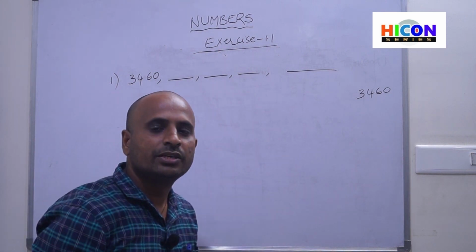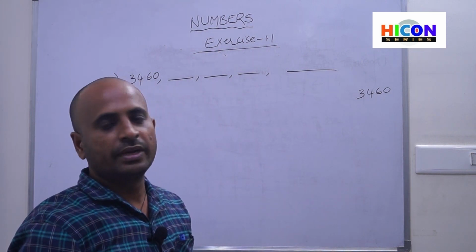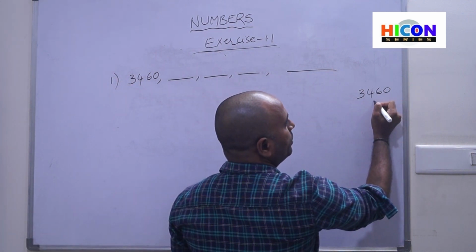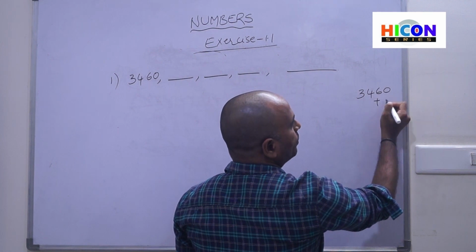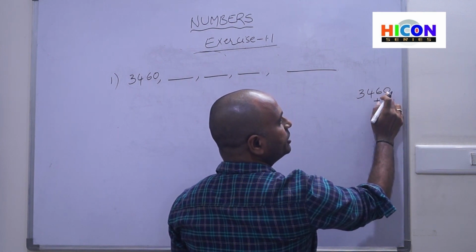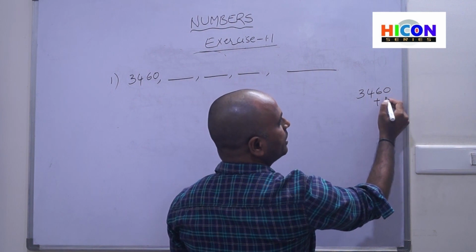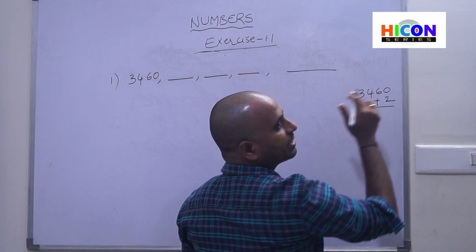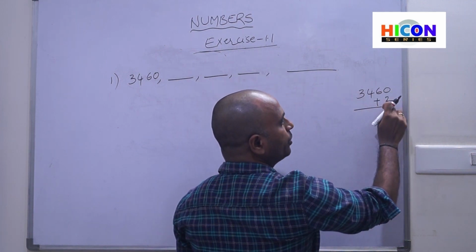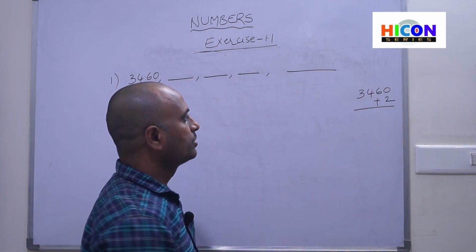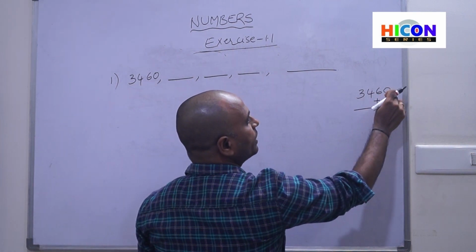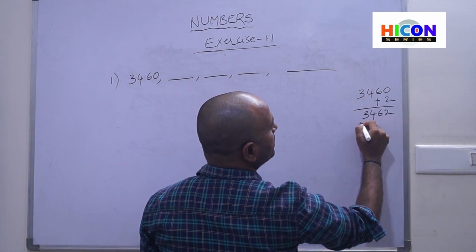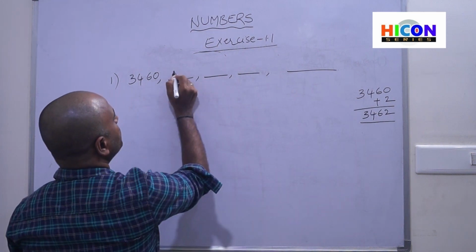Count by 2 means you have to add 2 in ones place for the given number. Here 0 is present in ones place and you have to add 2 for the digit in the ones place. So if you add 2 for the 0, you will get 3462.